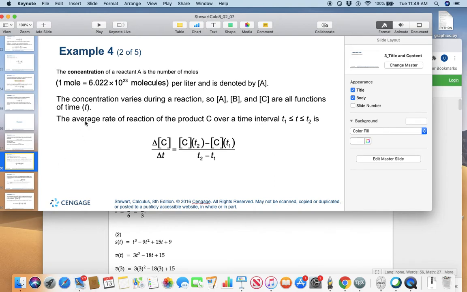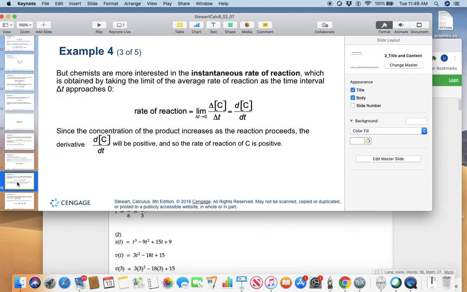Now that is the average rate of reaction. Now when we are talking about the instantaneous rate of reaction, you take the limit as delta t goes to 0 of delta of the concentration of C over delta t. This is denoted by d[C]/dt.